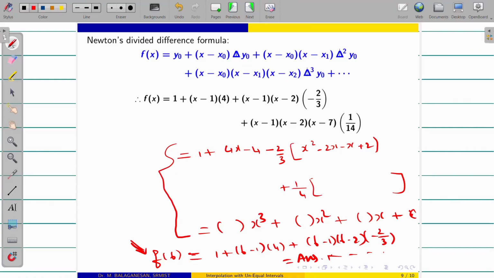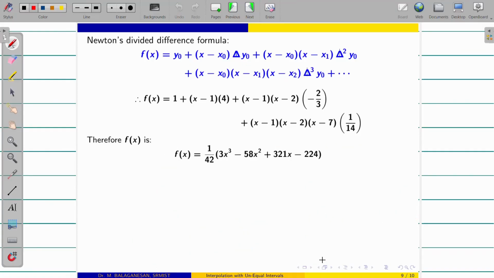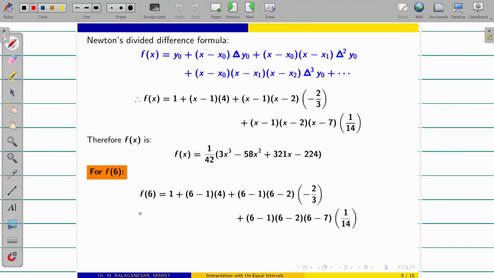If you make any mistake while constructing the polynomial, they will only decrease marks for that. Instead of doing it like that, if you first construct the polynomial and then replace x by 6, if the polynomial is wrong, then the answer will also be wrong. So that is the next clue I would like to give here. We construct the polynomial like that, and then in the place of x, replace by 6, we can get the answer. It will be 6.23.